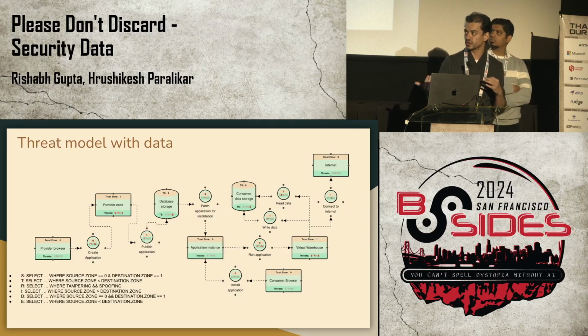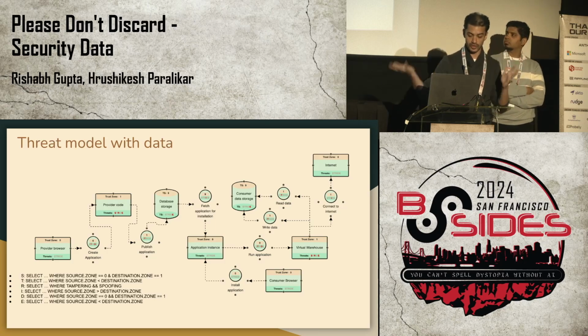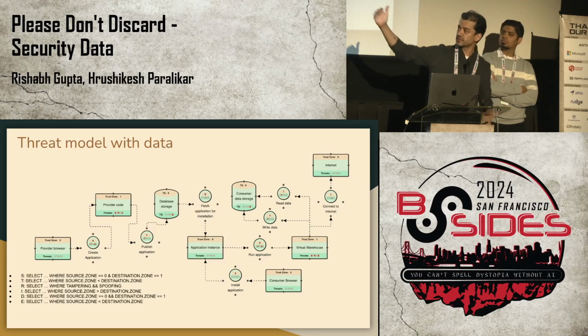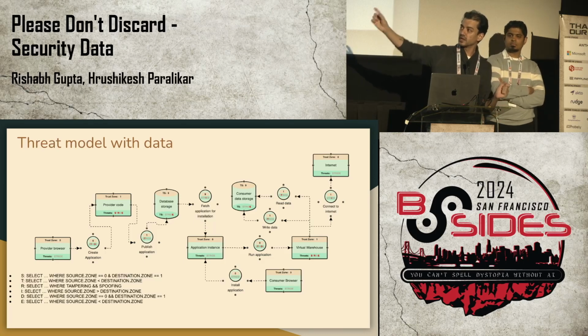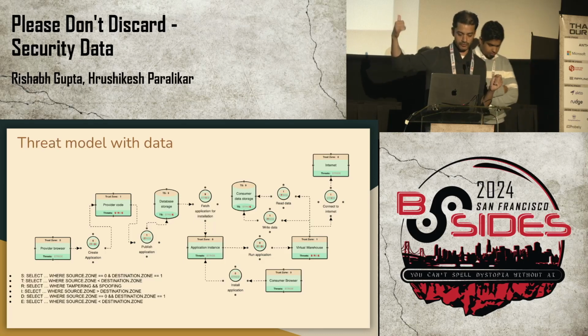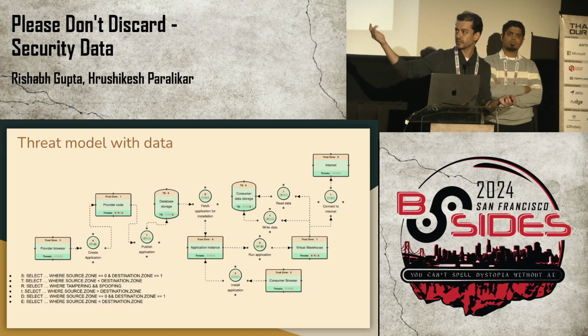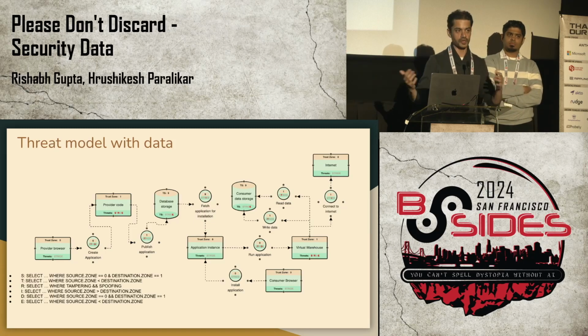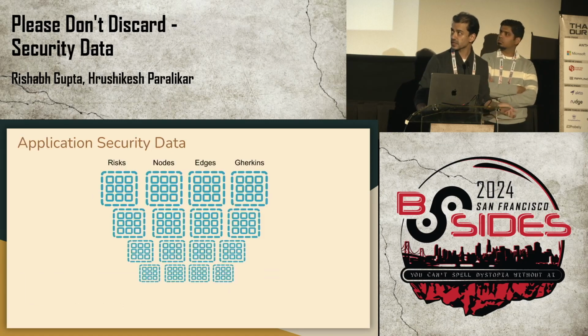For repudiation, you're looking at whether a particular flow has both tampering and spoofing. Information disclosure is if it's flowing from a higher trust zone to a lower trust zone. And you can boil all of these down to SQL queries with WHERE conditions to come up with a threat model for all these individual nodes. And that gives you your threat model, right?